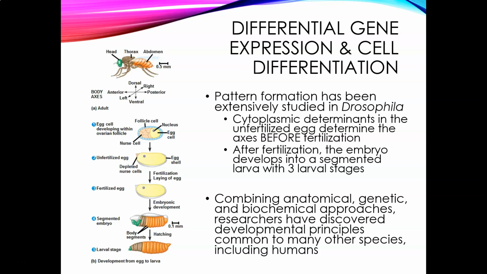So when we look at this pattern formation, it's been very extensively studied in fruit flies or Drosophila. And what we see here is a great example of some more of that cytoplasmic determinant.